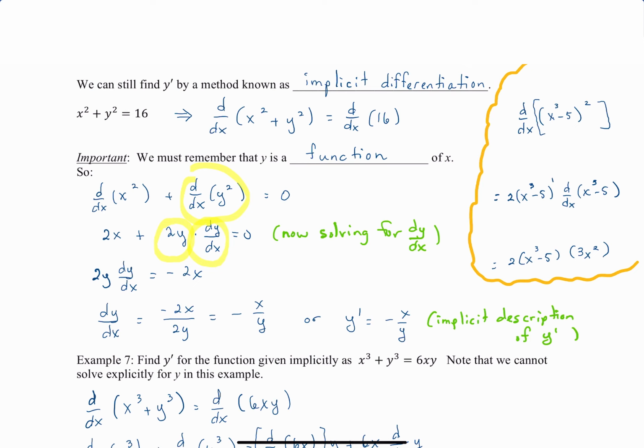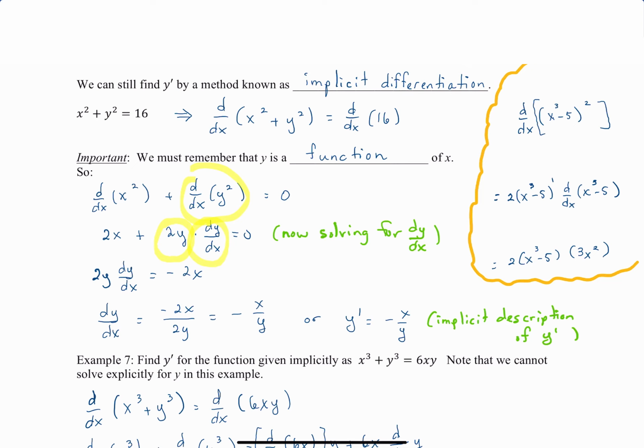So now that we've learned the chain rule, suppose I asked you to differentiate x cubed minus 5, the quantity raised to the x squared power. Well, the chain rule says you can first use the power rule on those parentheses and say I have 2 times, parentheses to the first power.